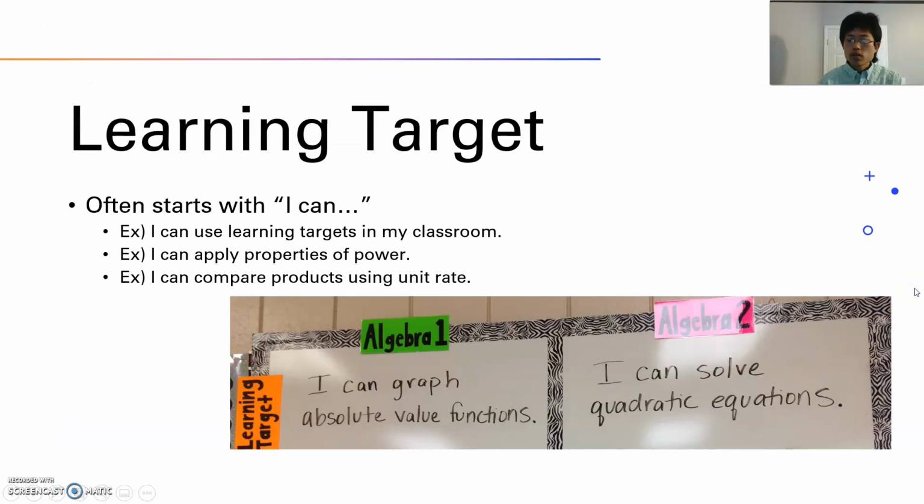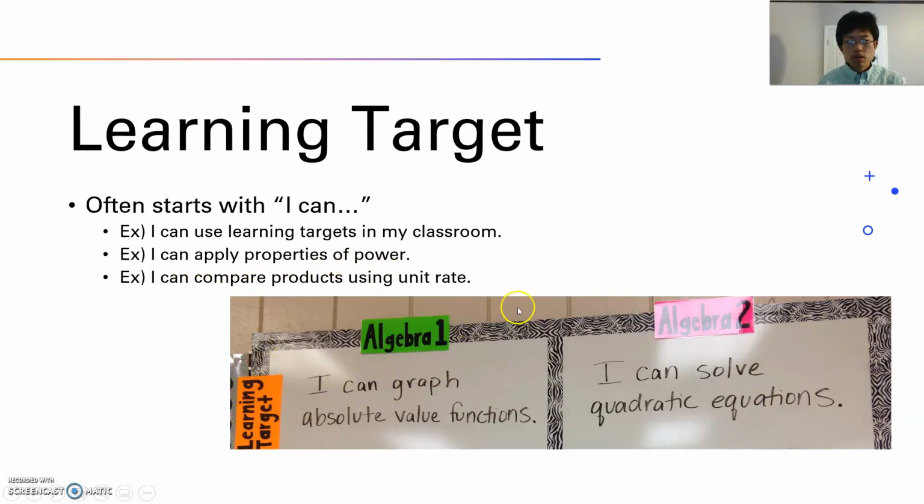Alright, so first of all, what a learning target is: it often starts with the statement, I can. For example, I can use learning targets in my classroom. Or I can apply properties of the power rule, or exponents. Or I can compare products using unit rate.